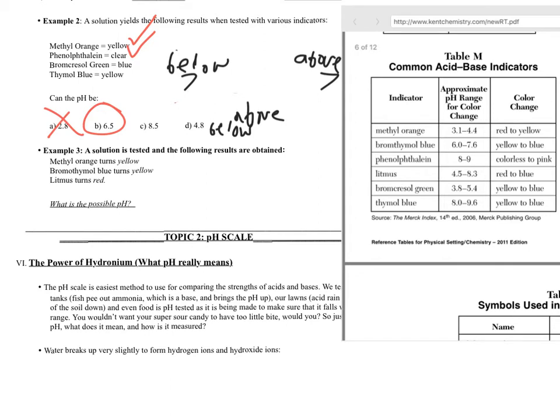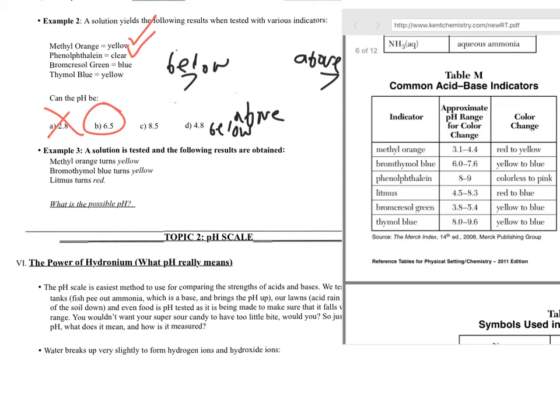It says bromocresol green turns blue. So I'm looking over here. In order for bromocresol green to be blue, it's got to be higher than this pH range, higher than 5.4. That checks out. 6.5 is definitely higher than 5.4. Okay, so we got one more clue to check.